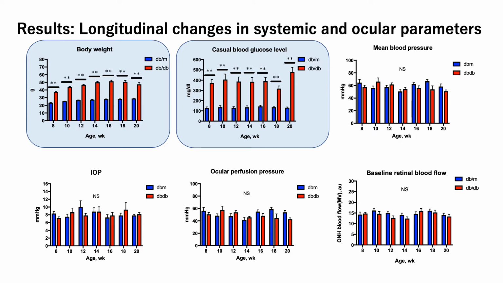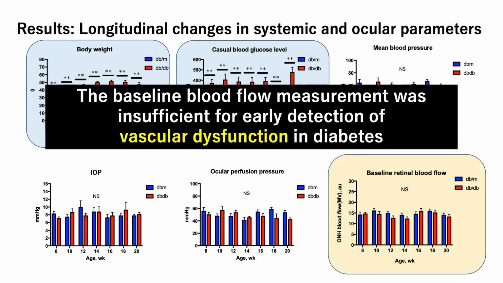But there were no significant differences in the systemic blood pressure, intraocular pressure, and ocular perfusion pressure between the groups. It is worth noting that there was no significant difference in the baseline retinal blood flow between the groups. These results suggest that the baseline blood flow measurement is insufficient for early detection of vascular dysfunction in diabetes.